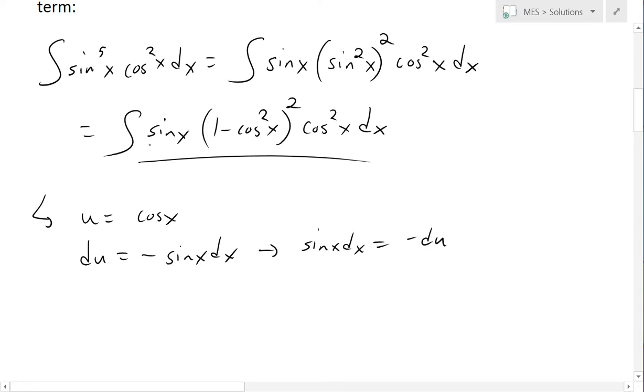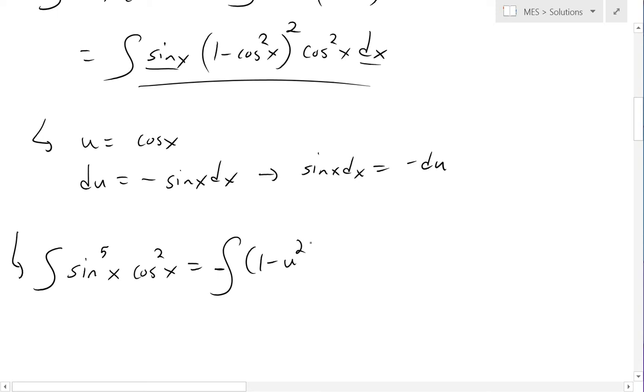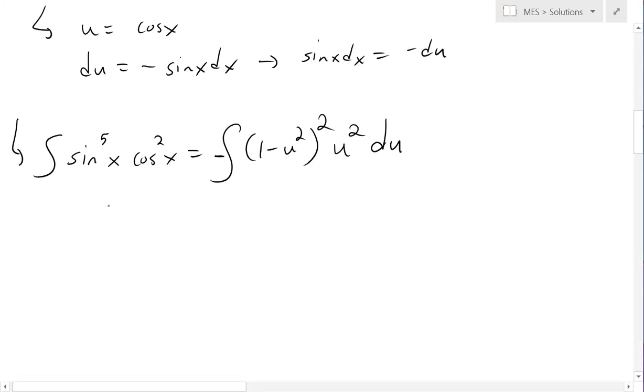Then we can write the whole thing out: the integral of sine to the 5th x cos squared of x equals the integral of, now this sine of x dx is gone, but we put a negative sign, negative du, times 1 minus u squared, all squared, times u squared du. We've removed all of the trig functions using the substitution.